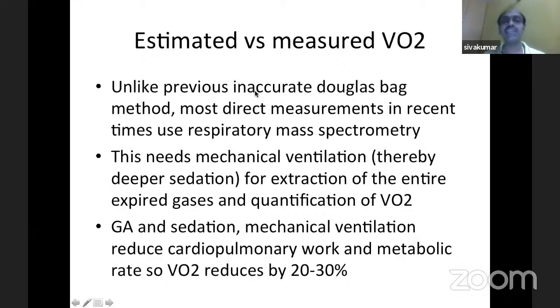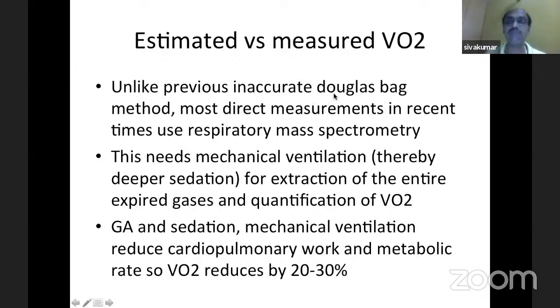Unlike the previous inaccurate Douglas bag method, today's methods are based on a very recent principle called respiratory mass spectrometry. What is respiratory mass spectrometry? It takes out a micro volume of the expired air and it can instantaneously tell what is the oxygen concentration and what is the carbon dioxide concentration in that small volume with great precision.